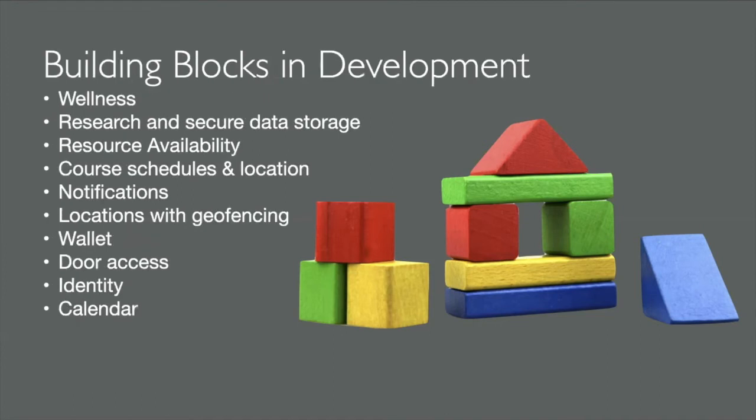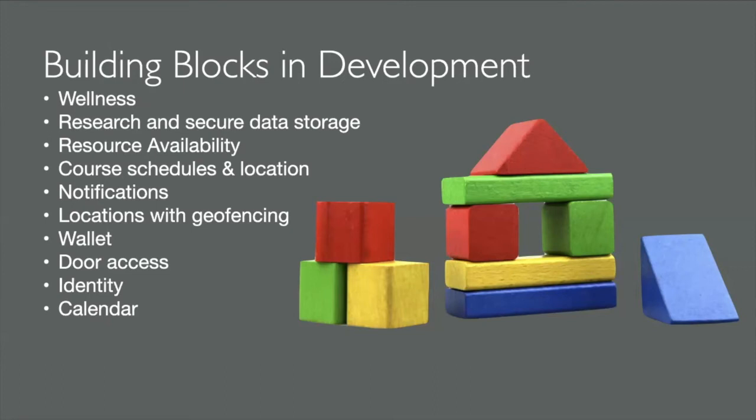We also have several building blocks in development currently. You can see along this list, we have a wellness building block because we're really focused on wellness of our university community, especially during these times. We have other building blocks around resource availability, notifications, door access.